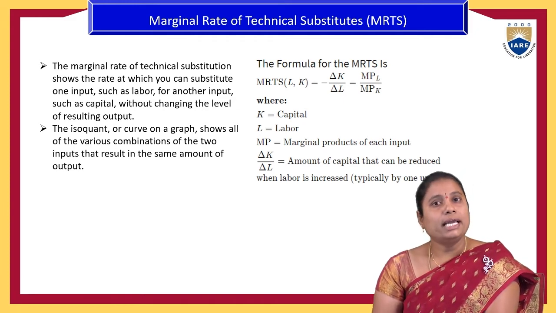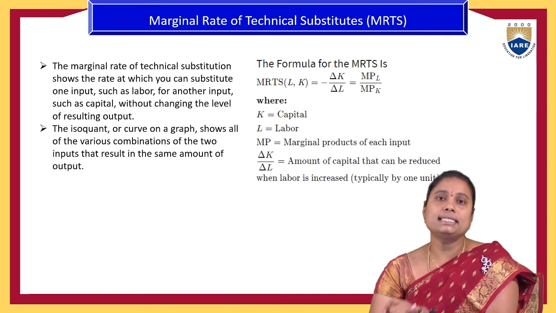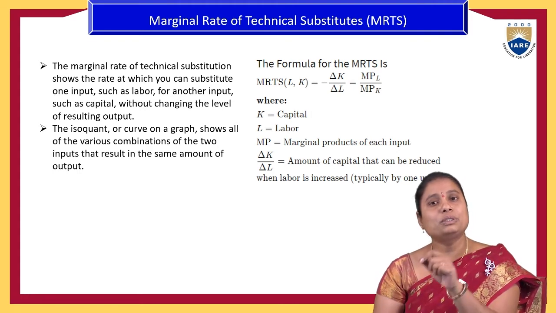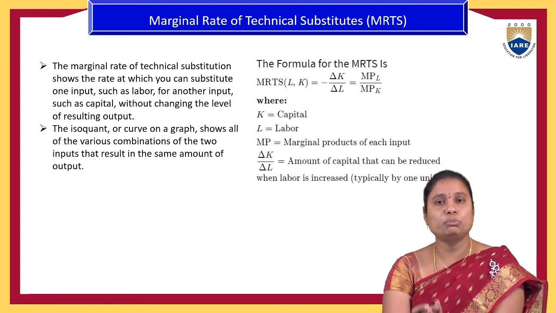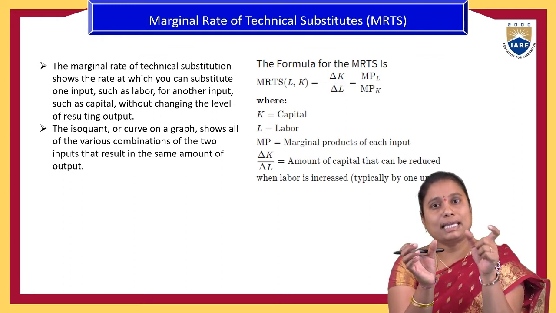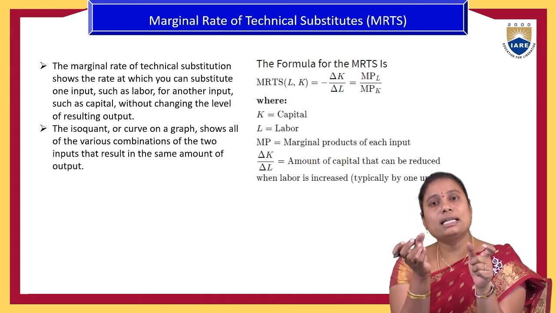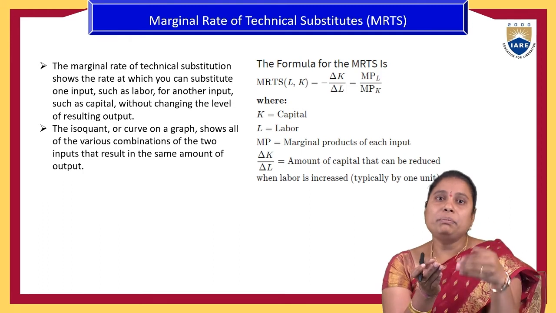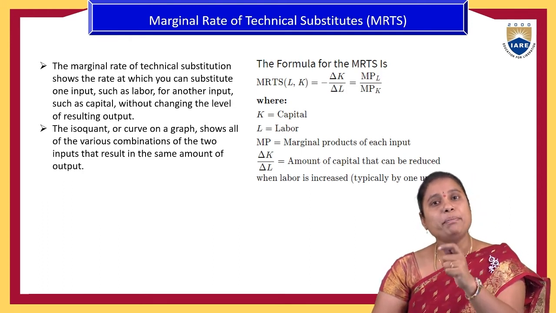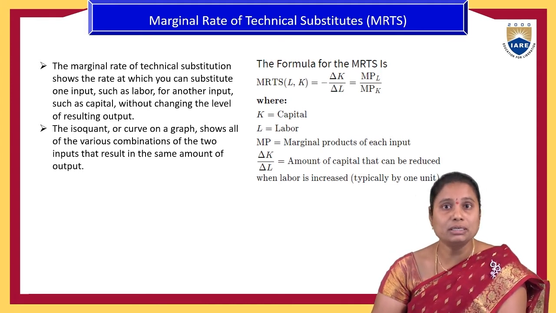For example, in isocosts or isoquants, a 10% increase in capital can lead to a 10% reduction in labor, or a 10% increase in capital may lead to only a 5% reduction in labor or a 15% reduction in labor.